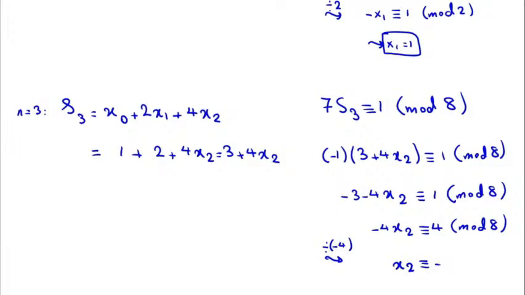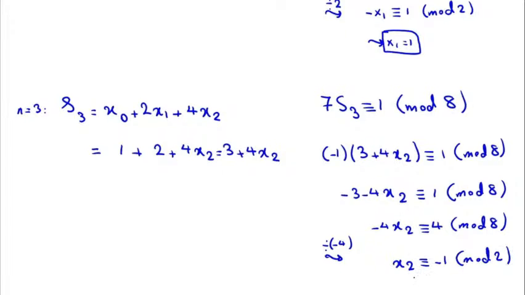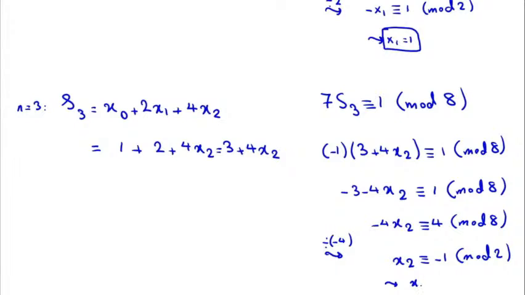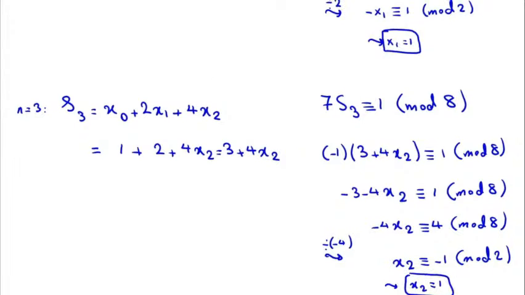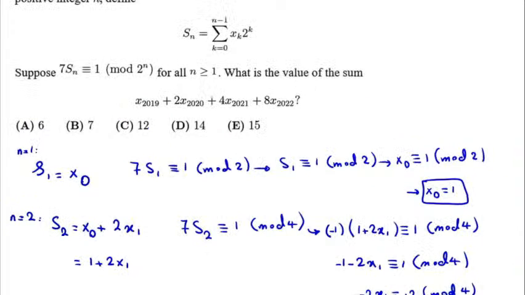Then x2 is negative 1 mod 2, or x2 is congruent to 1 mod 2. So we conclude x2 is also 1. So x0 is 1, x1 is 1, x2 is also 1.